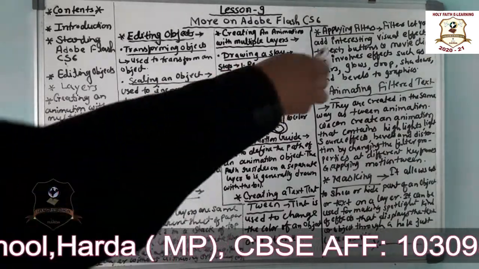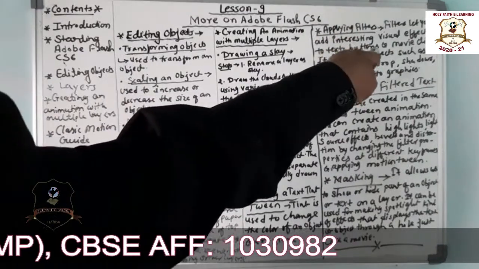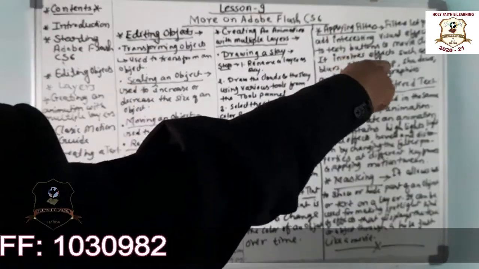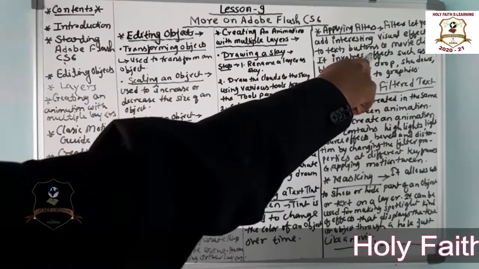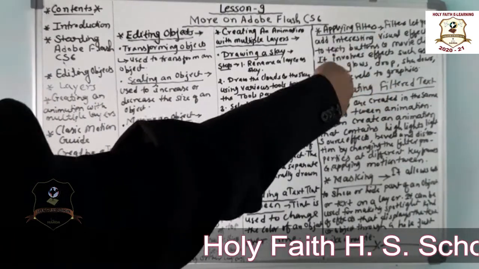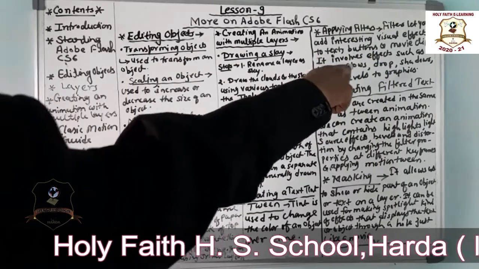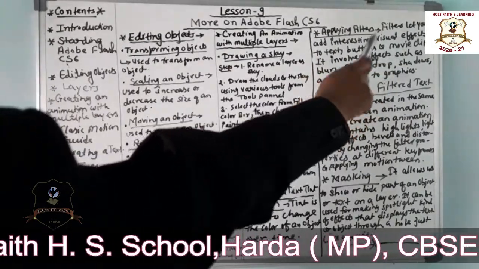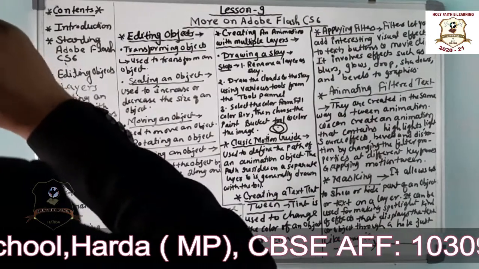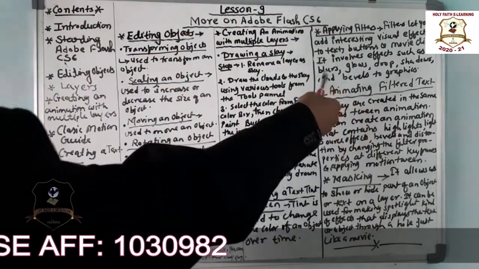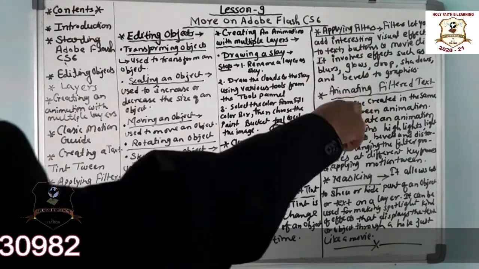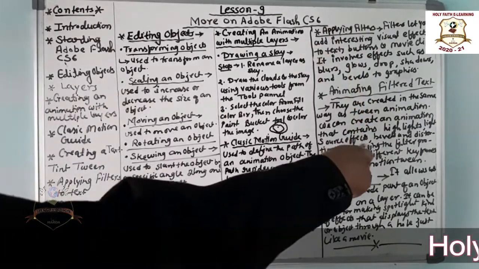Now applying filters. Filters let you add interesting visual effects to text, buttons and movie clips. It is used to apply effects on buttons, text or movie clips. It involves effects such as blur, glow, drop shadow and bevel. Means if you apply different types of effects on a text, movie or image, then you can use the filter option.